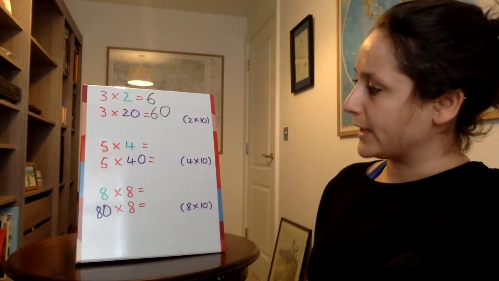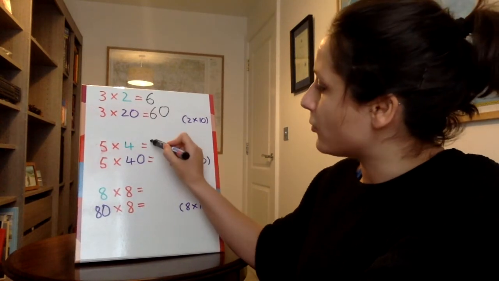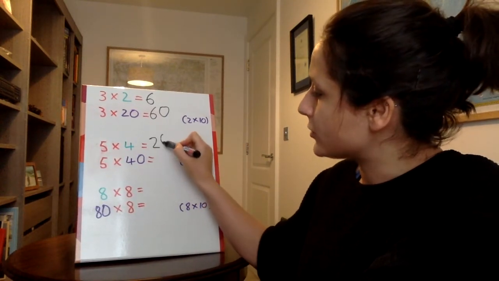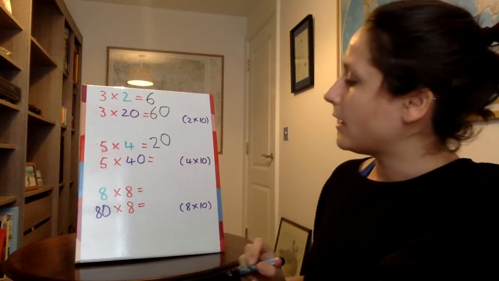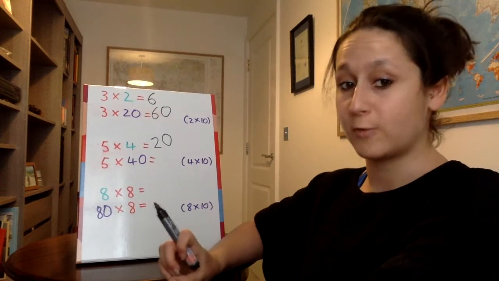So, moving on again. 5 times 4, you easily can work out as 20. Knowing that, we can do 5 times 40.